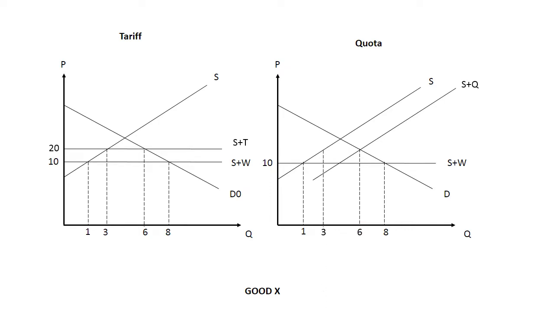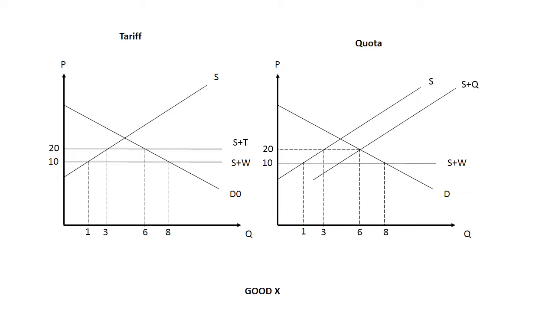6 minus 3 is the number of good X that the country can import. When the government imposes the import quota, the price will increase from 10 to 20. We use the same figure.